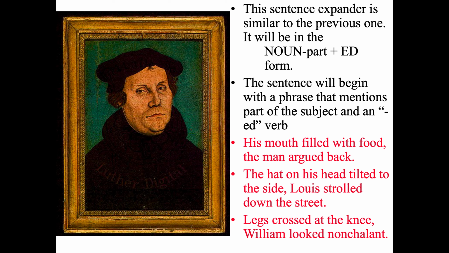Nonchalant is like he doesn't care. And when he's looking like that, what's a distinctive piece of him? I'm going to pick his legs. So legs crossed at the knee, comma, William looked nonchalant. All right. So this is the noun part plus ed verb. That's what we're going to call that. And it's a really great way to add detail and make your sentence sound smart.